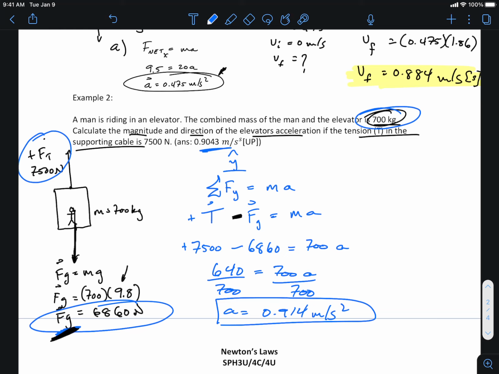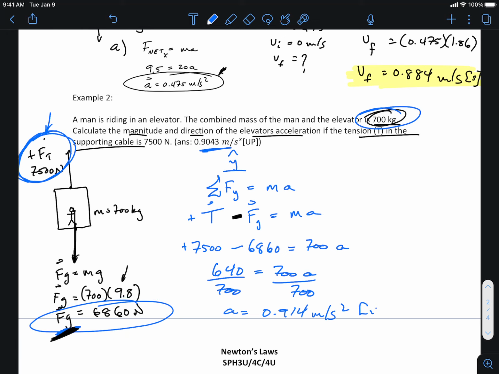It came out to be positive. Oh, silly me. Look, I'm as bad as you guys are at forgetting directions. Which direction is this thing moving? Is it going to move in the upward direction or the downward direction? It's going to move up, because you can see that the force in the positive direction is bigger than the force in the downward direction.